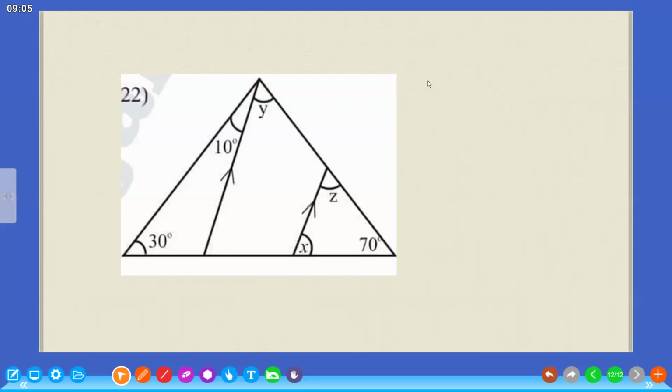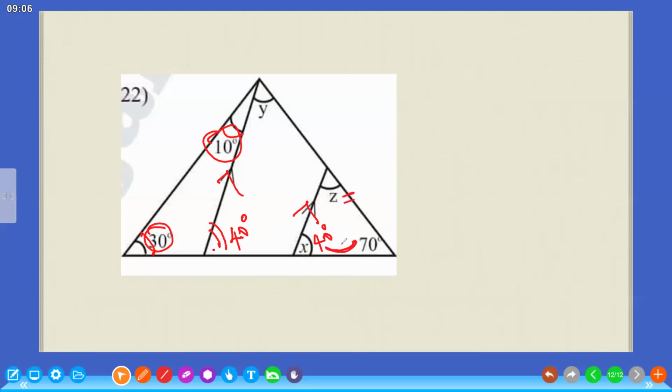I think the time is enough, right? Okay, for you. Right. This is 10, this is 30, students. We can find out this one. How much? 10, 30, this is 40 degrees. If this is 40, these are parallel, so this is 40 degrees. Okay. 40, 70. 40, 70.